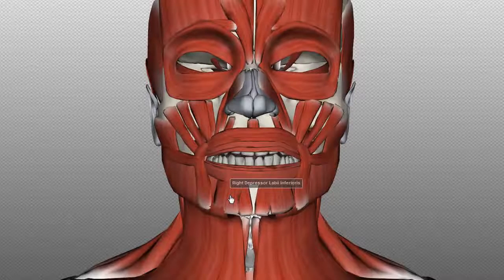That's just deep to the depressor anguli oris, and then deep to the depressor labii inferioris, you've got the mentalis muscle. What this muscle does is it helps to position the lip, for instance, when you're drinking from a cup or something like that.